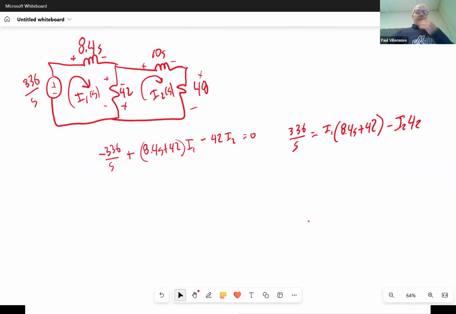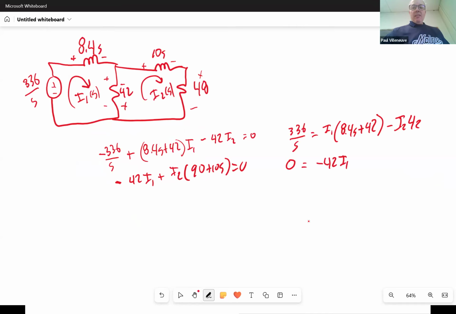Our second equation is going to be negative 42 I1 plus I2 times 90 plus 10S. That's going to equal 0. So 0 is equal to negative 42 I1 plus I2 times 10S plus 90.